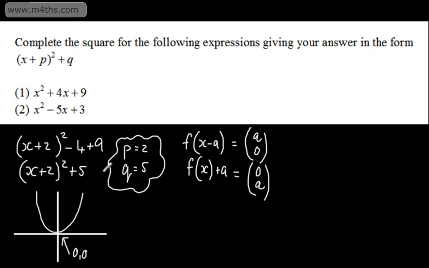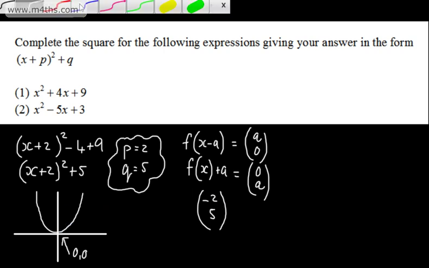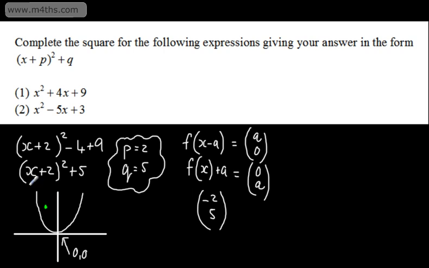So in this particular case, we can see that we're going to have a vector translation of negative 2, 5. So all that happens is we move left by 2 and up by 5, and we can redraw the quadratic. So if I did that, move left by 2 and up by 5, this quadratic would look something like so.